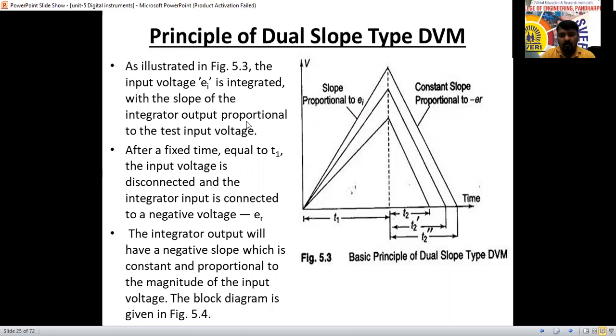It is integrated with the slope of the integrator output, which is proportional to the test input voltage. Whatever the input voltage is, it is integrated with the slope of the integrator output. We compare it with the integrator output, which is proportional to the test input voltage.